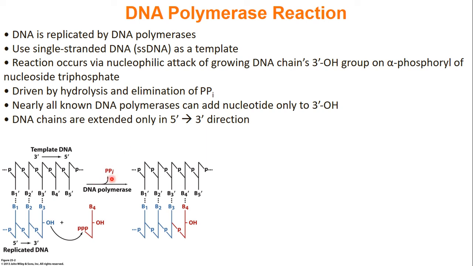And the removal of these phosphates is the energy that is needed to make this new covalent bond and to add this new base. Now, just about every single polymerase that we know of can only add to the 3' hydroxyl, so we're always adding in the 5' to 3' direction.